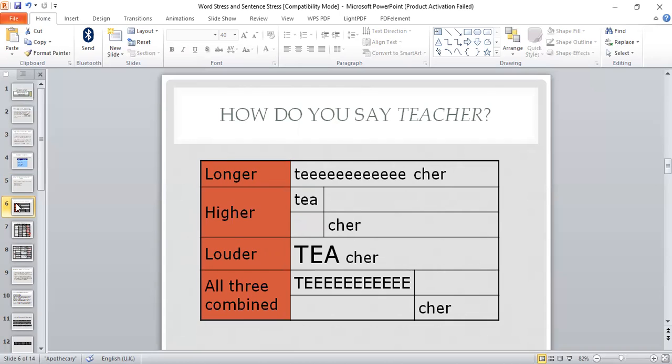The second one shows height in pitch; you realize that the 'tea' is heightened and the 'cher' is low. Another one shows the loudness: TEAcher. Now, if you combine all of these together, what you have is TEAcher. You can apply this to any other word that you want to pronounce.